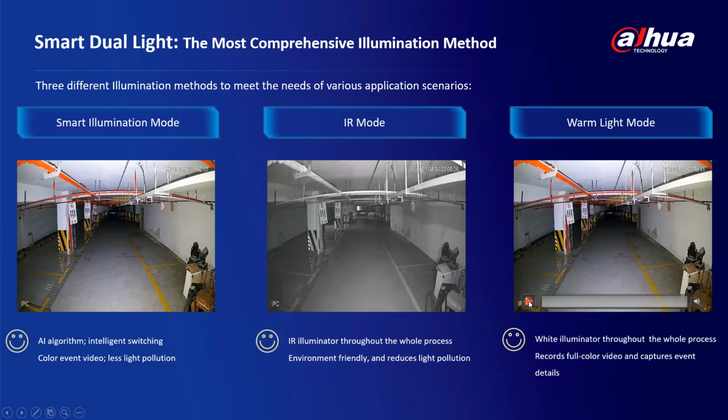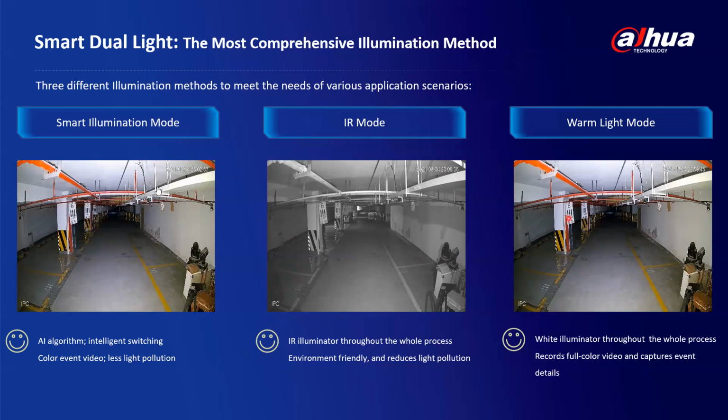If you select this warm light mode to be on, during the day and during the night, all the video footage captured by the camera will always be in color format. So in this case, you have decided the camera should always produce colorful images, as you can see from these three modes.